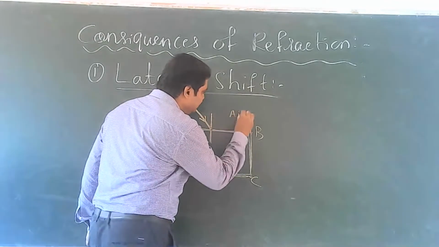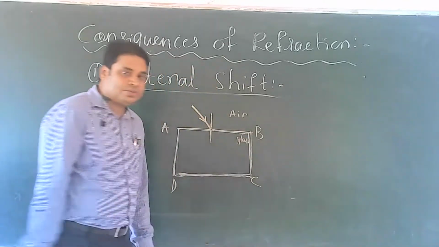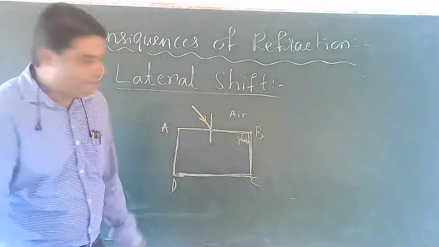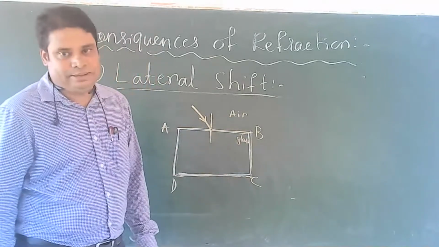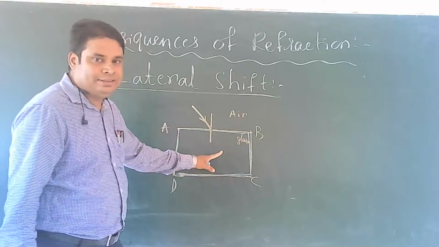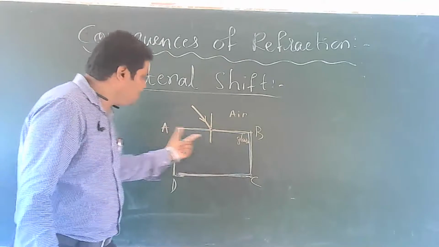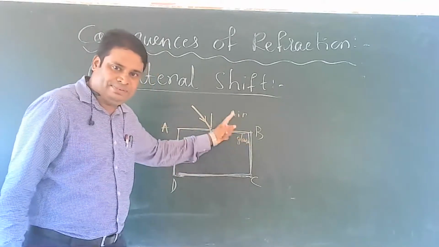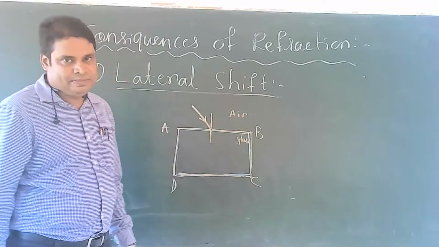First one is air, second one is glass. Air is the rarer medium, glass is the denser medium. A ray of light is traveling from rarer medium to denser medium. This is the first interface, the first surface, with the first set of media, air and glass.